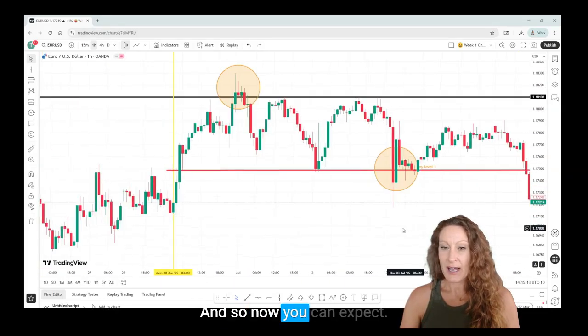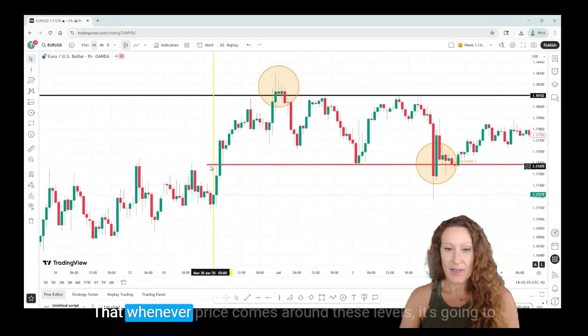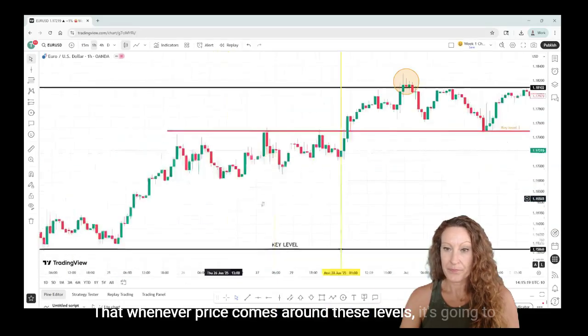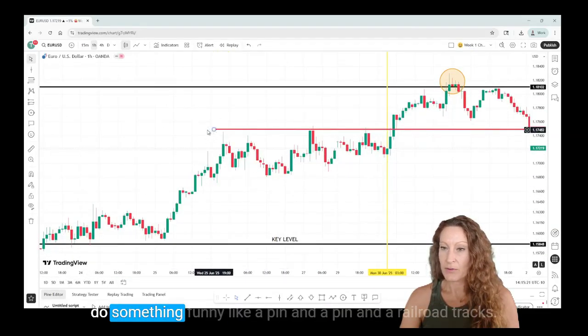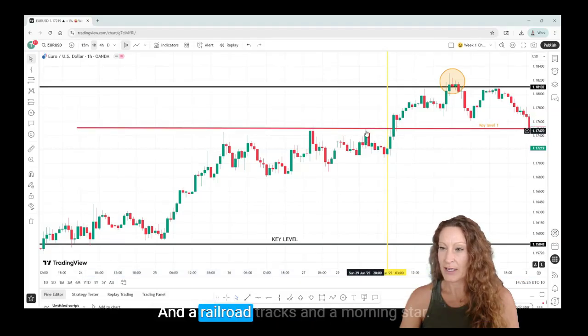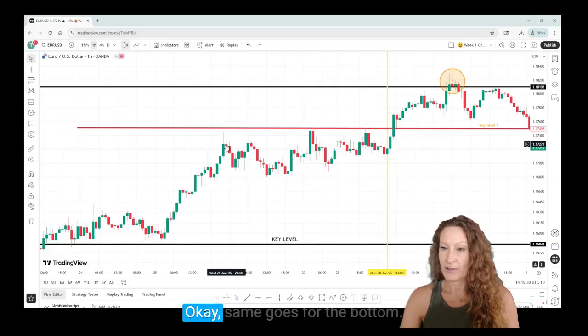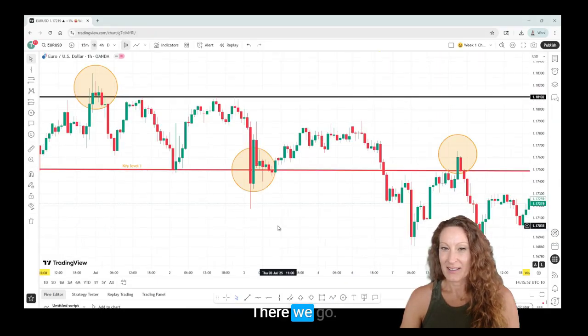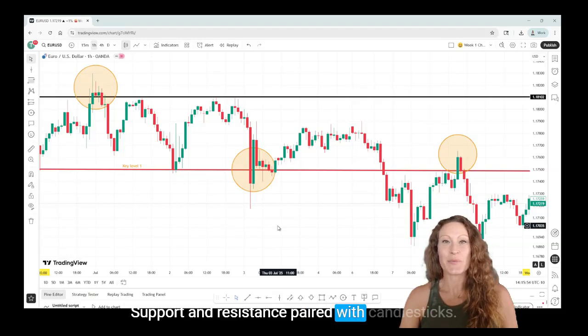And so now you can expect that whenever price comes around these levels, it's going to do something funny, like a pin and a pin and a railroad tracks and a railroad tracks and a morning star, okay? Same goes for the bottom. There we go. Support and resistance paired with candlesticks.